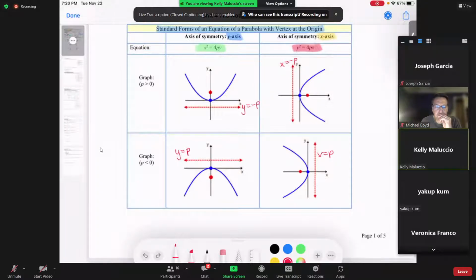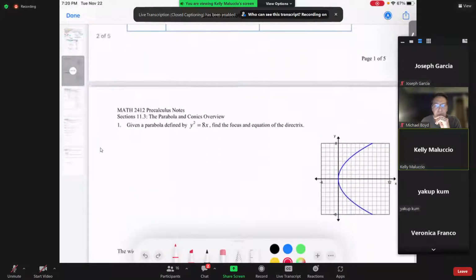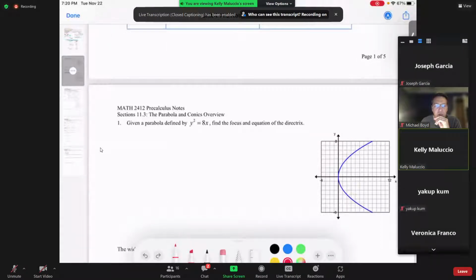Based on this equation. So if we look at an example, given a parabola defined by this, right? Find the focus and the equation of the directrix. So this y squared equals 4px equals 8x. This means that 4p equals 8, so p equals 2.